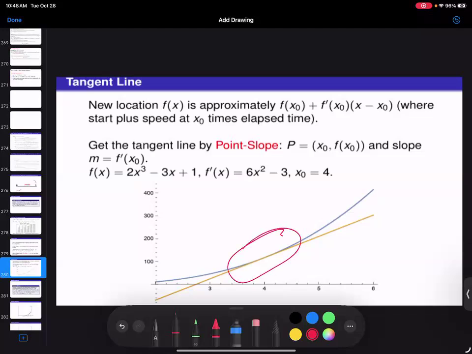Even if I go all the way down to 3.5 and all the way up to 4.5, it looks pretty close. If I'm even closer, from say 3.9 to 4.1, it's really close. It's hard to tell that there's even a difference. So the tangent line approximation locally does a good job.